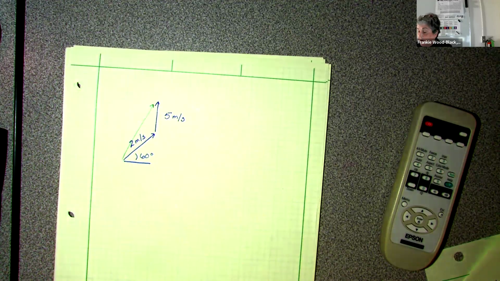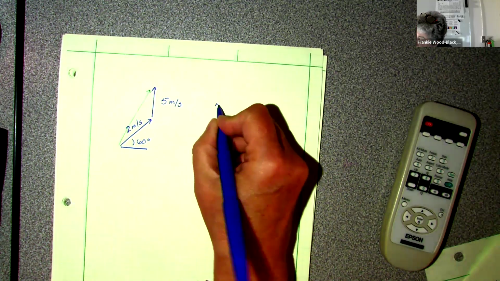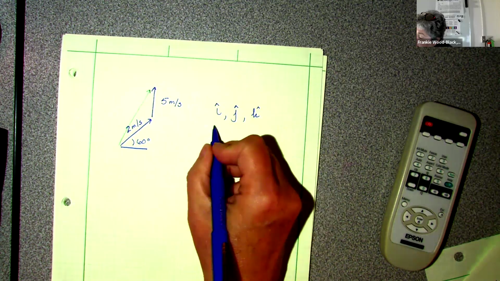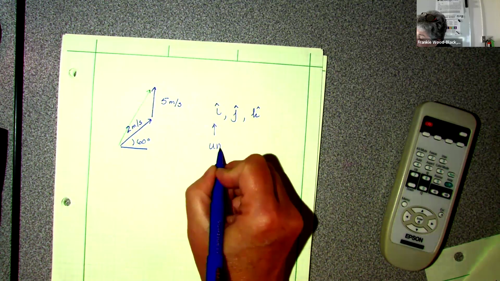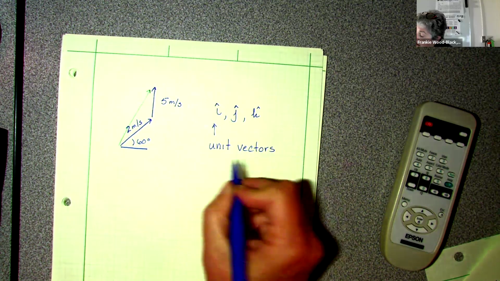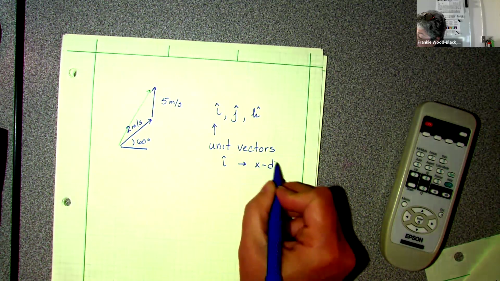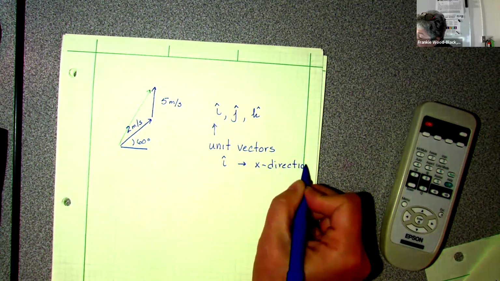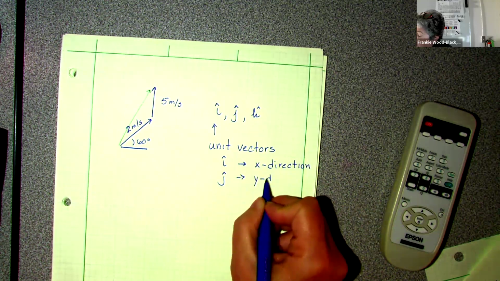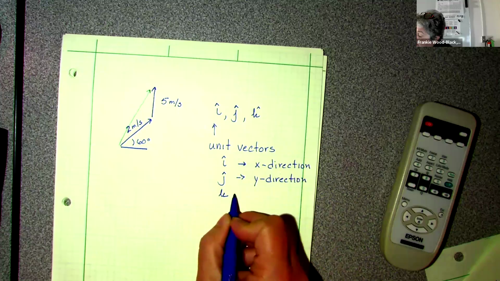And earlier we said, okay, let's write these vectors using our notation with an I, J, and a K. And this is a unit vector. These are unit vectors. I is in the X direction, J is in the Y direction, and K is in the Z direction.